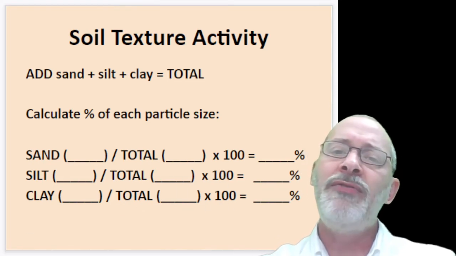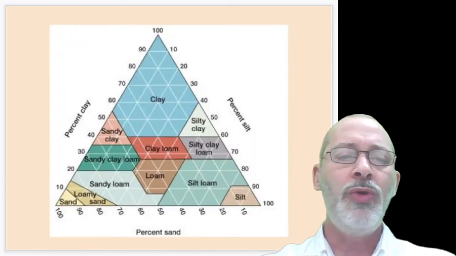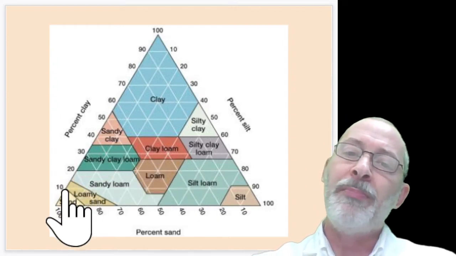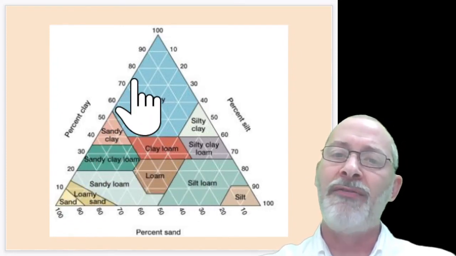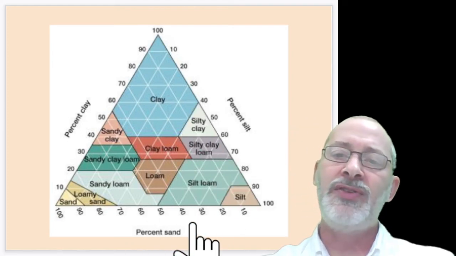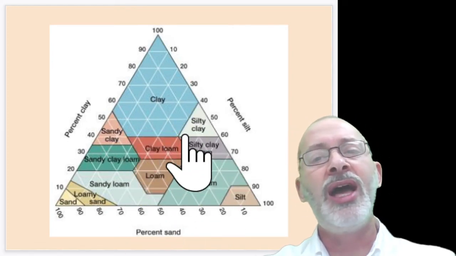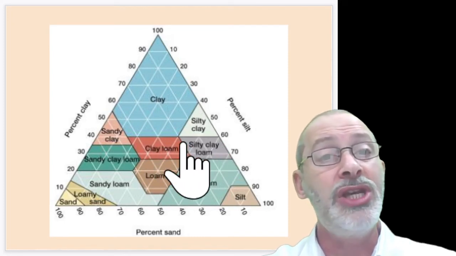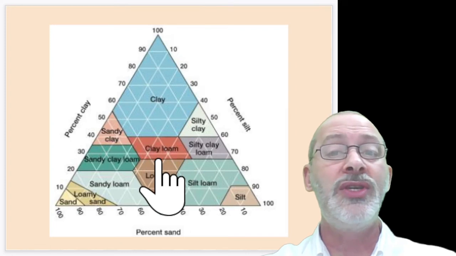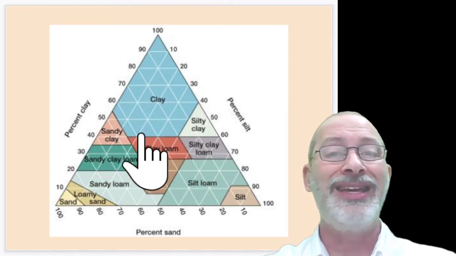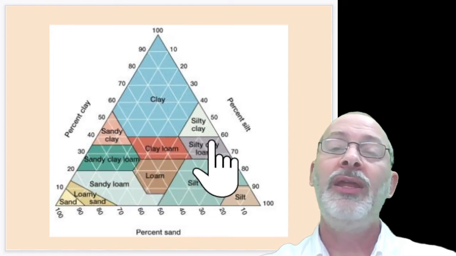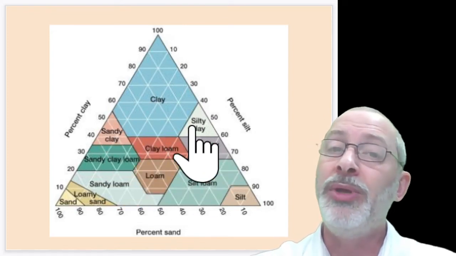But once you have those three values, then we will be using this triangular graph, and we'll be plotting the numbers on our graph, the percent of clay, the percent of silt, the percent of sand, and where those lines intersect will give us a region on this texture triangle, and we'll be able to use this graph to identify exactly what type of soil that sample would be called.